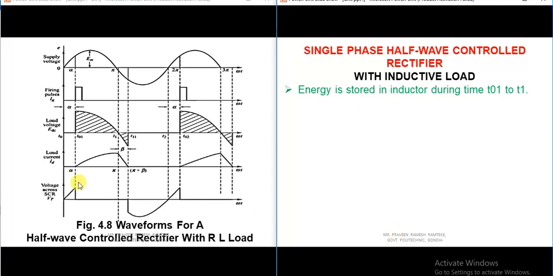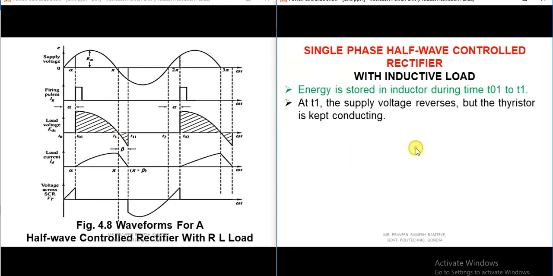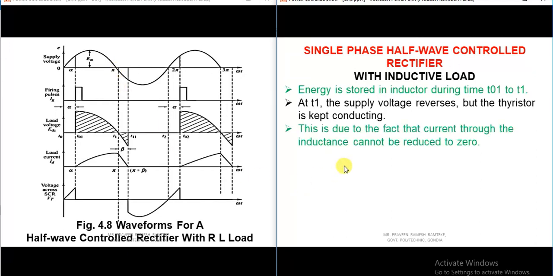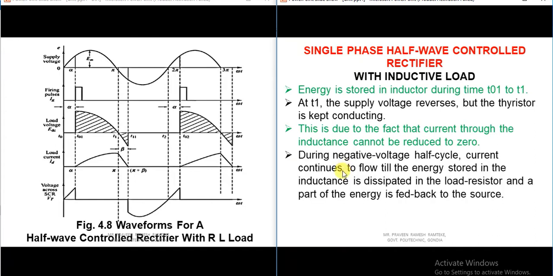Energy is stored in the inductor during the time interval t01 to t1. At t1, the supply voltage is reversed, but the thyristor is kept conducting. This is due to the fact that current through the inductance cannot be reduced to zero.